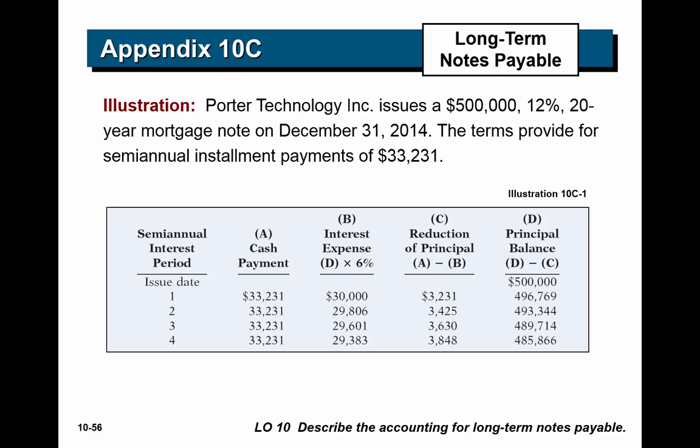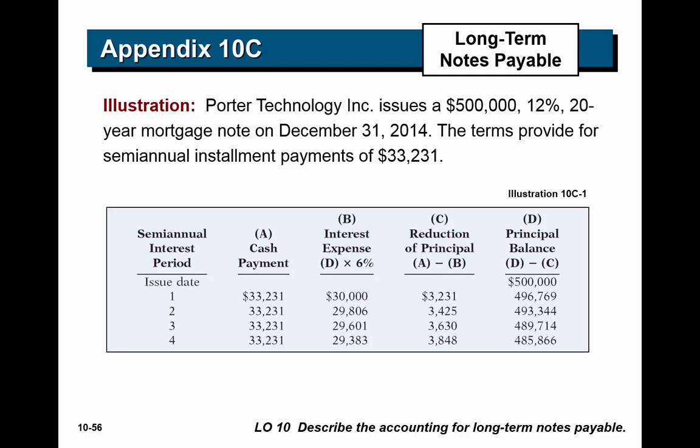So Porter Technology issues a $500,000, 12% 20-year mortgage note on December 31st. The terms provide for a semi-annual installment payment of $33,231. So what they want you to do is you have the principal balance, it's column D, and then each period you have an installment, and the installment amount is the same.